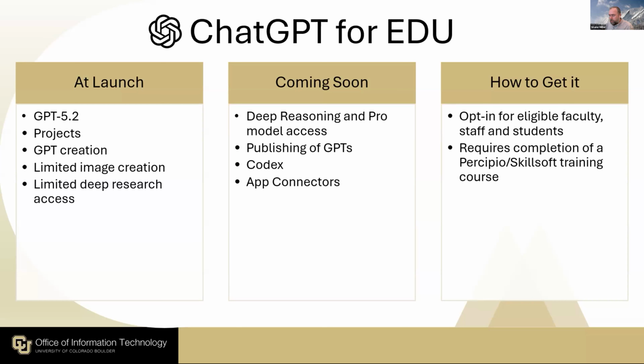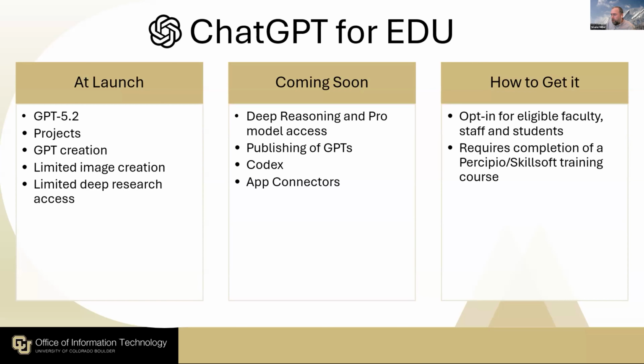And then app connectors, so connecting to Office data, so anything through Microsoft Graph, whether that's files, site collections, your email, calendar, those types of things. There's some other app connections outside of Microsoft as well that we'll be looking at, but just expect it to take us another month or two before we're ready for those.